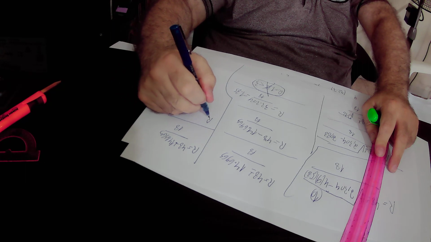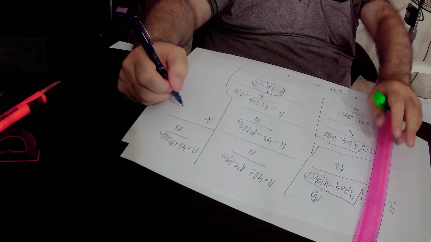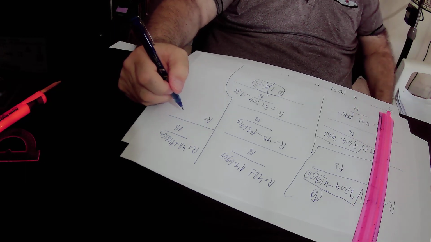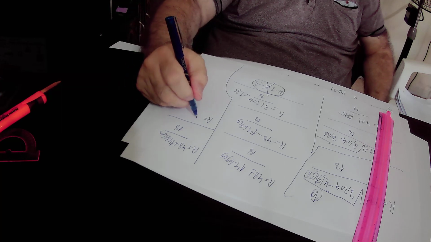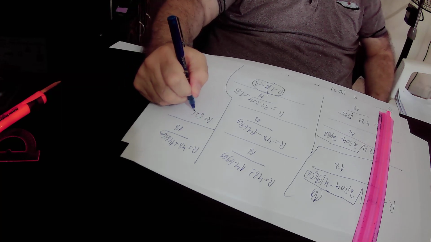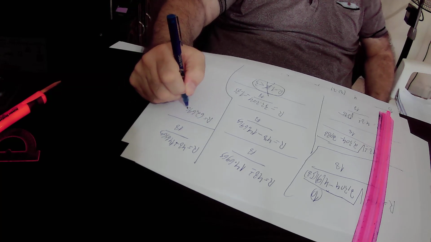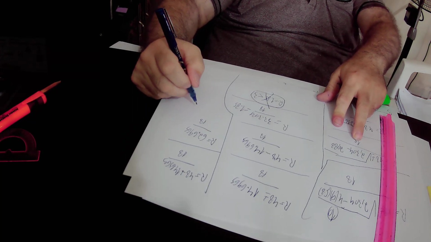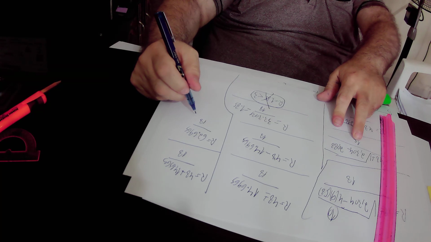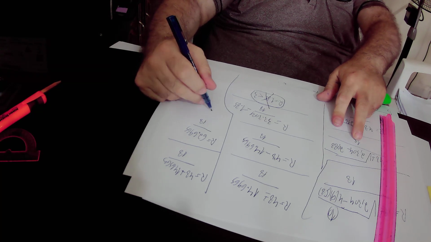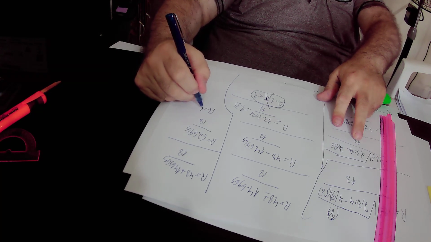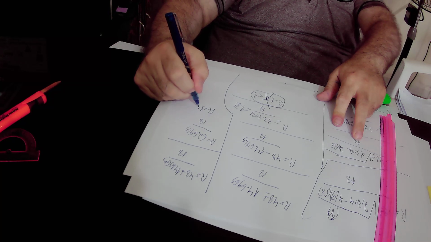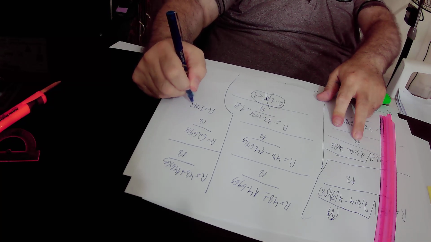So R equals 62.6969 over 18, which is equal to 3.483 units.